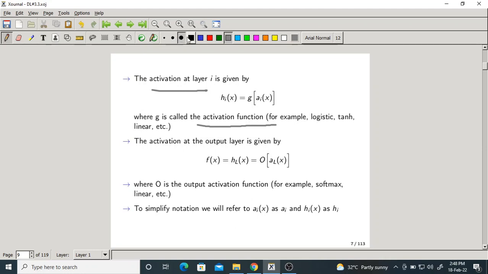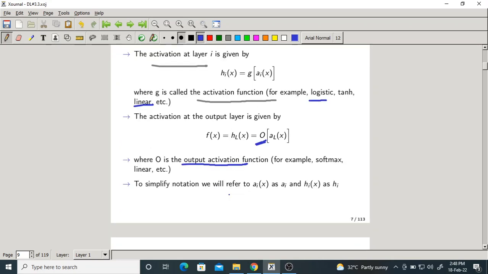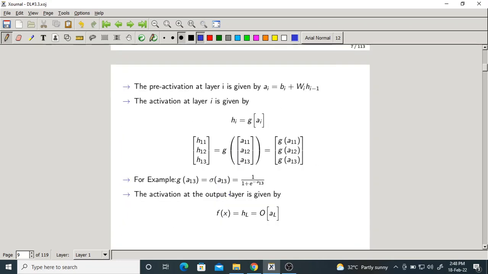We will see some examples of activation functions like logistic and linear. The output activation function is O. Finally, hL equal to O of aL. O is called the output activation function.